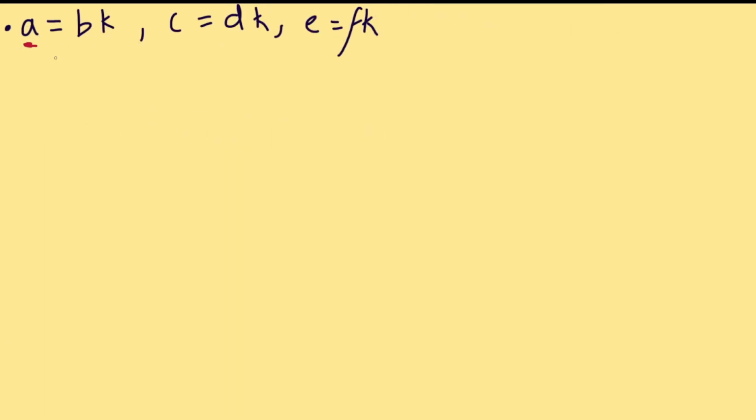Now, we know whatever we do to one side in algebra, as long as we do it to the other side, it's allowed. The equation will stay equal. So we can just go and do something kind of crazy like this.